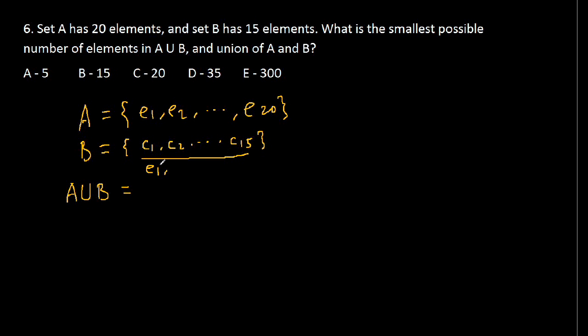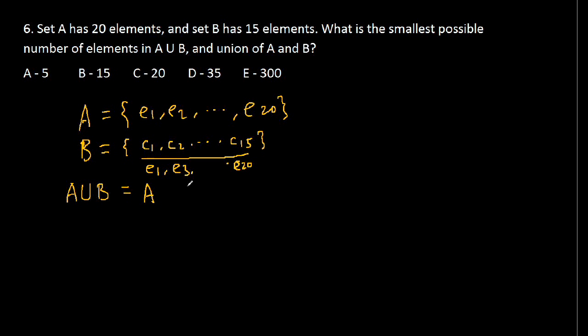the 15 elements in A. So it's equal to E1, it's equal to E3, it's equal to E20, right? So we have the elements of B does not contribute anything new to the union of A and B. So the smallest possible will be equal to A, and A has 20 elements.